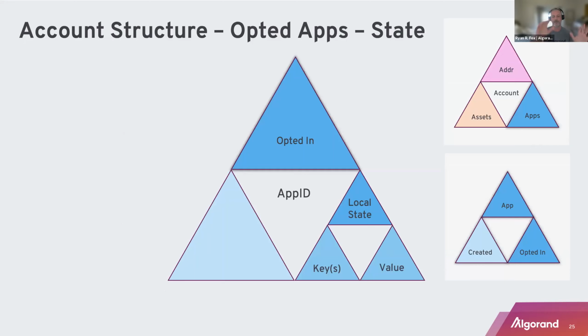Next, we want to take a look at the local state side of things for the applications that we are opted into. So if we opt into a particular application ID, it will allocate some state storage space, which are simply key value pairs of data, right?